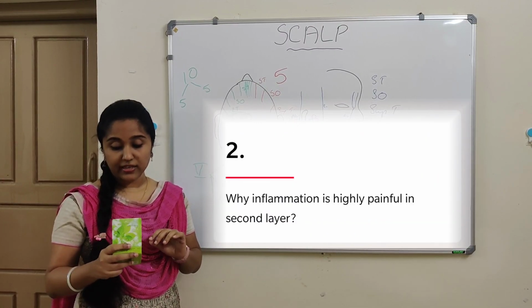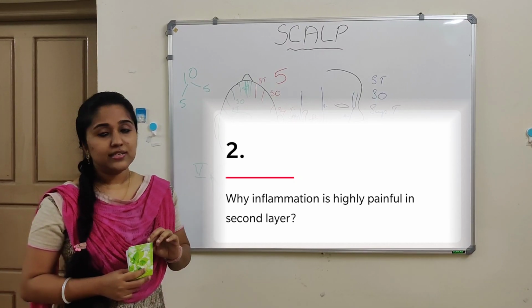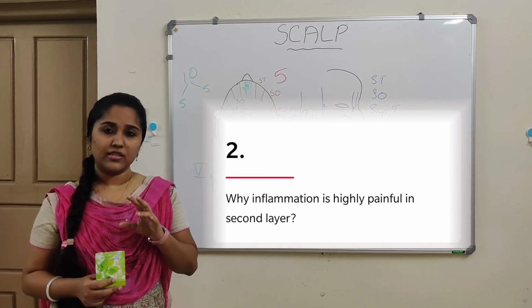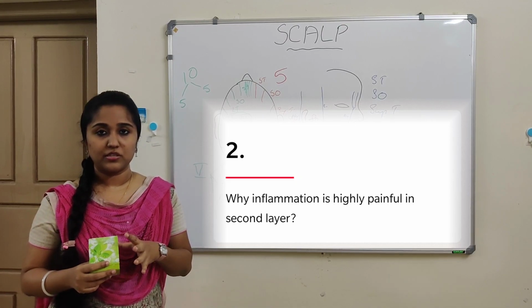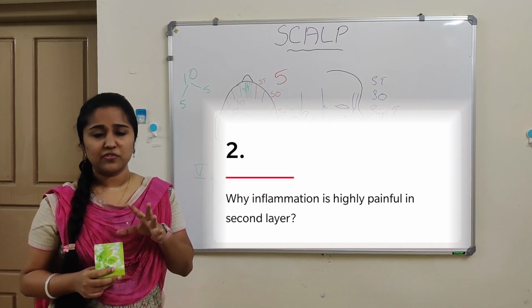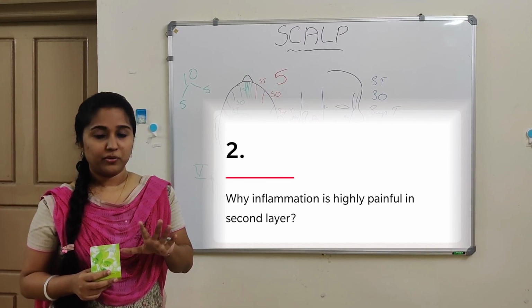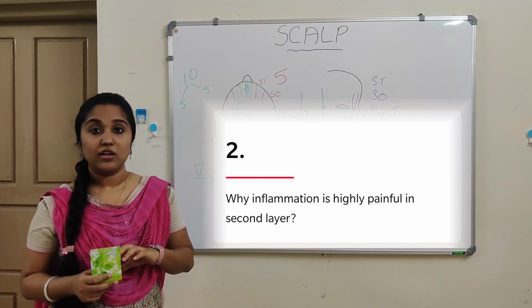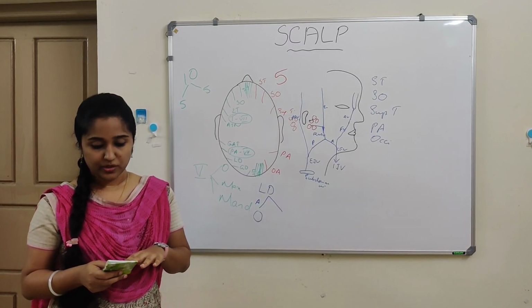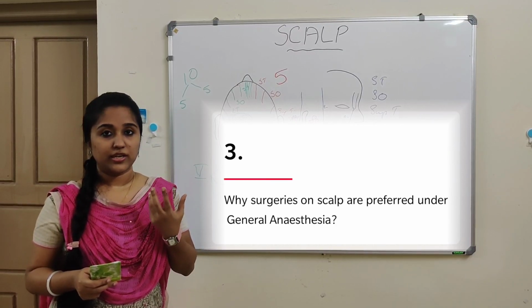Why is inflammation highly painful in the second layer? Okay. I have already discussed the second layer is a closed network of subcutaneous tissue. Here there is an unyielding reticulum of fibrous tissue. Because of this, any inflammation occurring in this region is very painful. Okay. Now, why is surgery in the scalp preferred under general anesthesia?